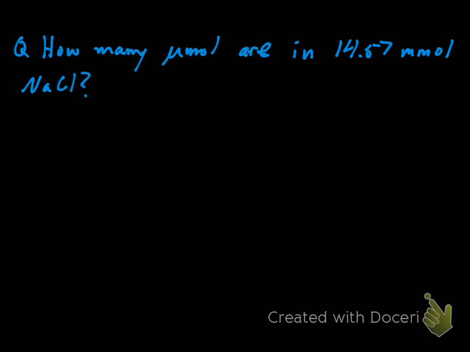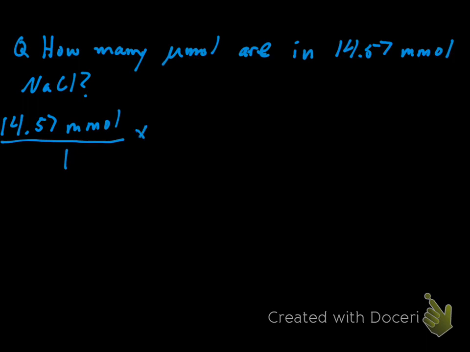So that's sodium chloride. All right, so how many micromoles are in 14.57 millimoles of sodium chloride? In a later video I'm going to show you a few more examples of this, but to do this kind of unit conversion we'll do something called dimensional analysis. So we'll start over here. We have 14.57 millimoles, and we'll represent that as a fraction. And what we want to do is treat our units almost like the variables in algebra, where we can cancel them out.